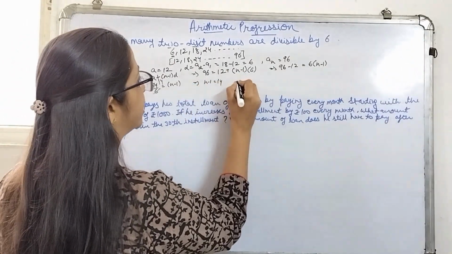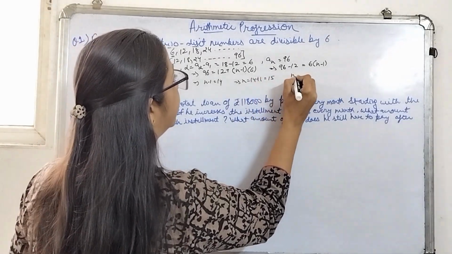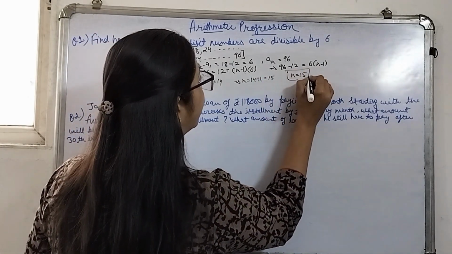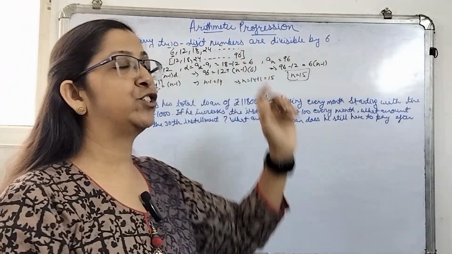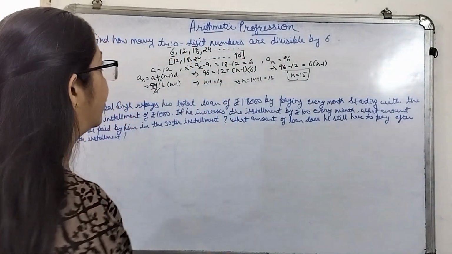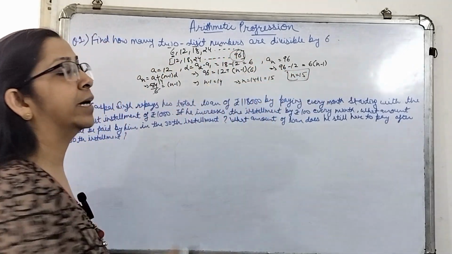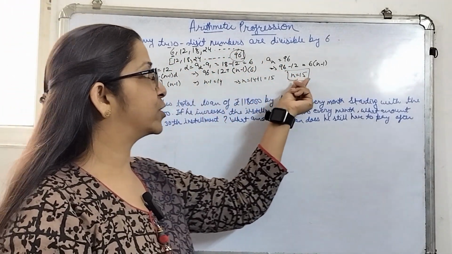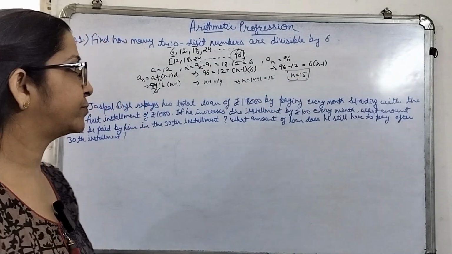And if n minus 1 is 14, n will be 14 plus 1, that is 15. That means there are 15 numbers which are two-digit numbers and which are divisible by 6. Or we can say that 96 is the 15th term of this AP. So the required number is 15 and the value of n is 15.